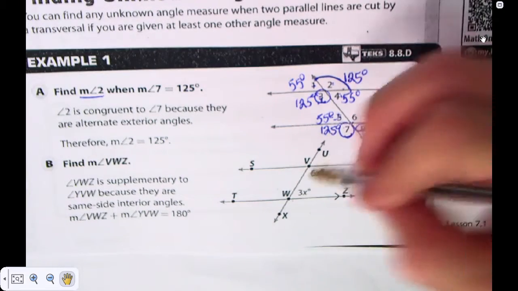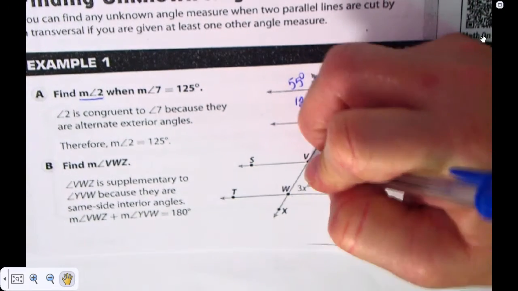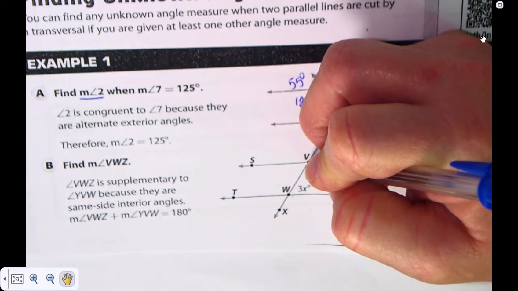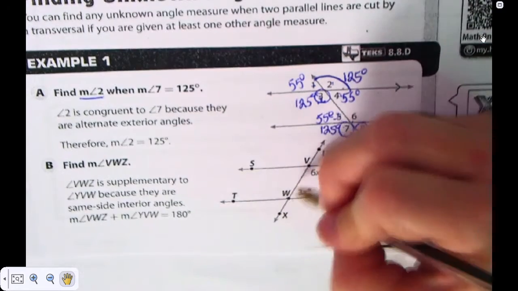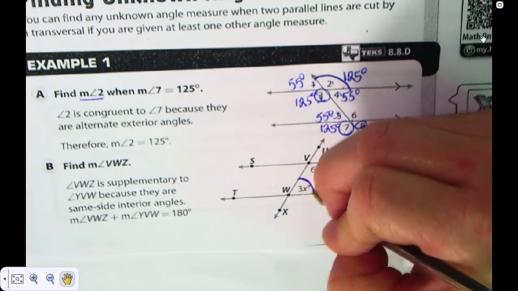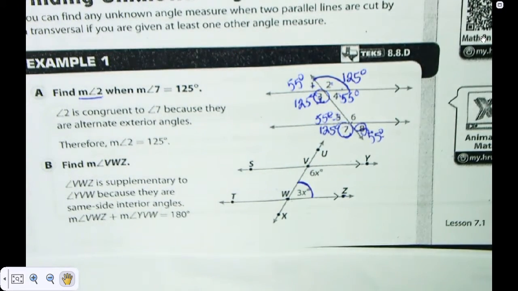Everybody put your pencil on V, point V. Go to W, go to Z. So the angle is right here. Put an arc in there. 3x is the angle they're wanting. Oh my goodness, 3x. We have to know x before we can find 3x. So come over here to your paper.